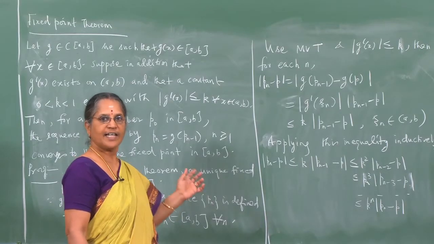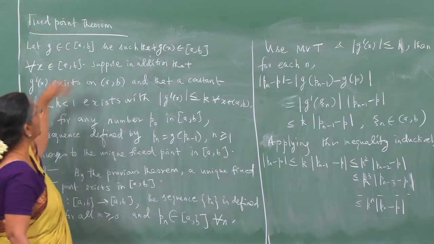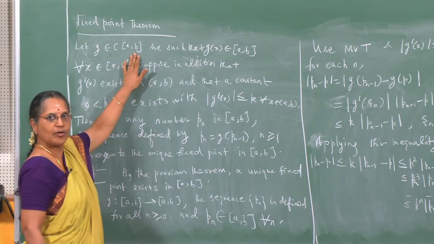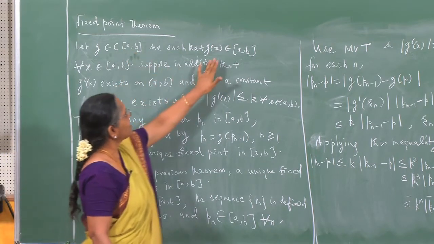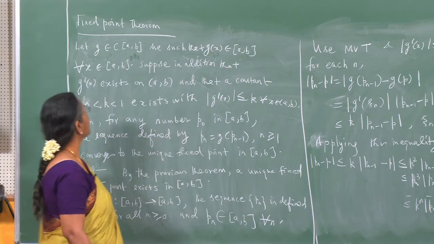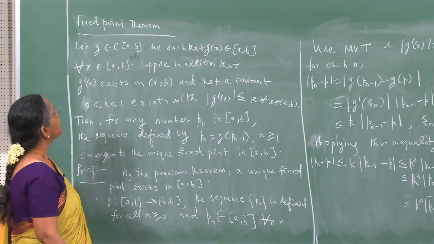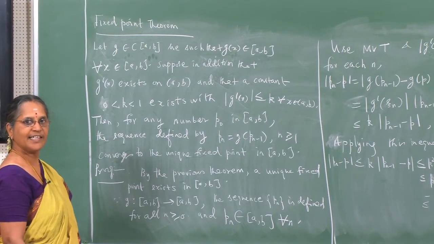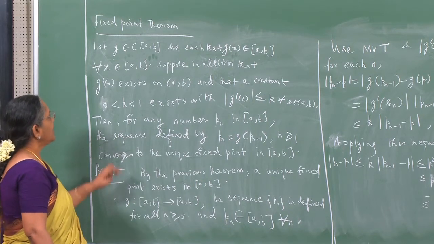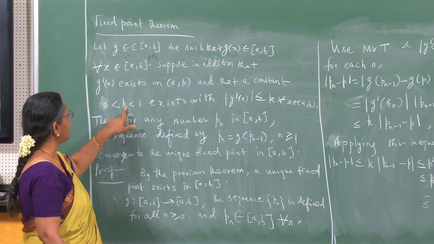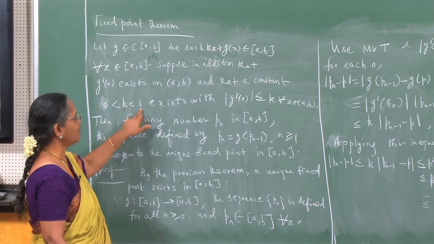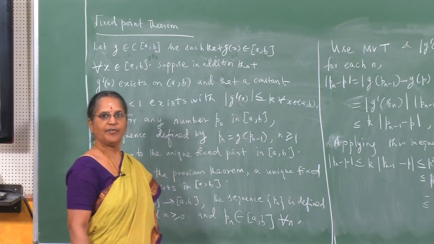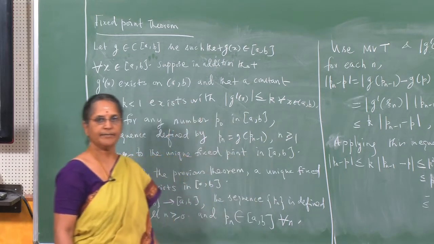We look at the result which is given by the fixed point theorem. This states that if g is a continuous function in the closed interval a b and g takes values in that interval for every x in that interval, and in addition g dash of x exists in the open interval a b, and a positive constant k exists with k less than 1, such that modulus of g dash of x is less than or equal to k for every x in the open interval a b.